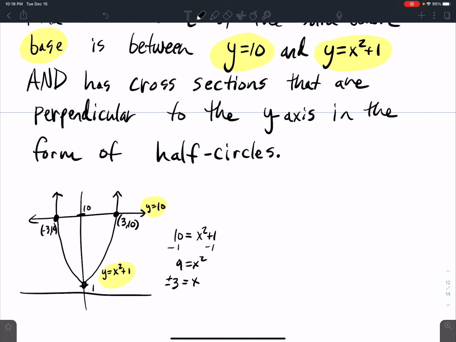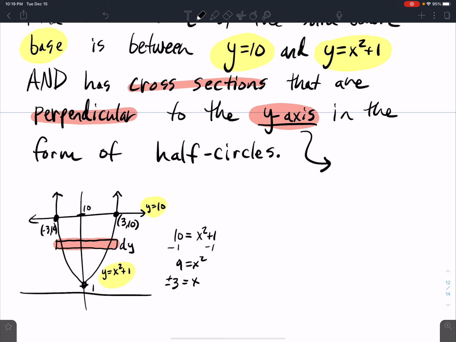Now, what else do I know? My cross sections are perpendicular to the y-axis. If this is the y-axis, to be perpendicular is to look like this. So what type of cross sections are we dealing with? We're dealing with dy. If I have y-axis perpendicular, that tells me I'm dealing with a dy.